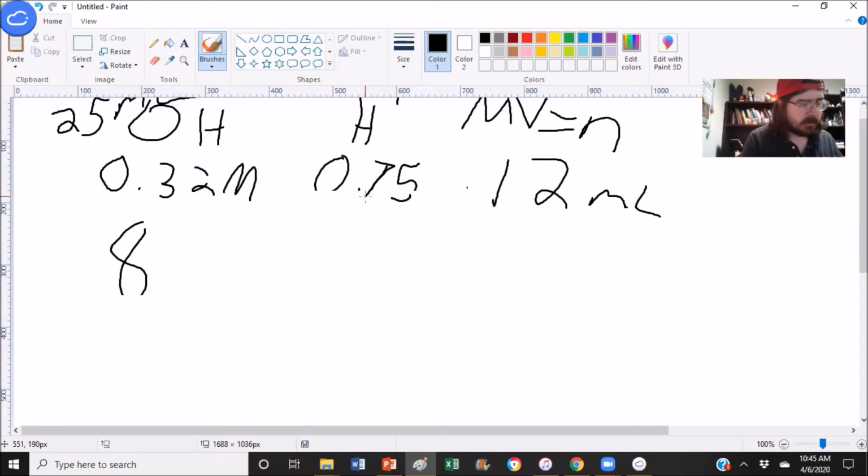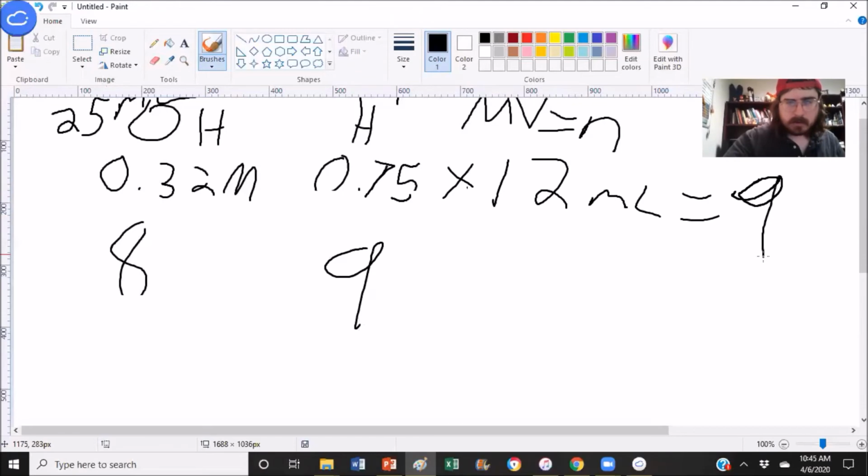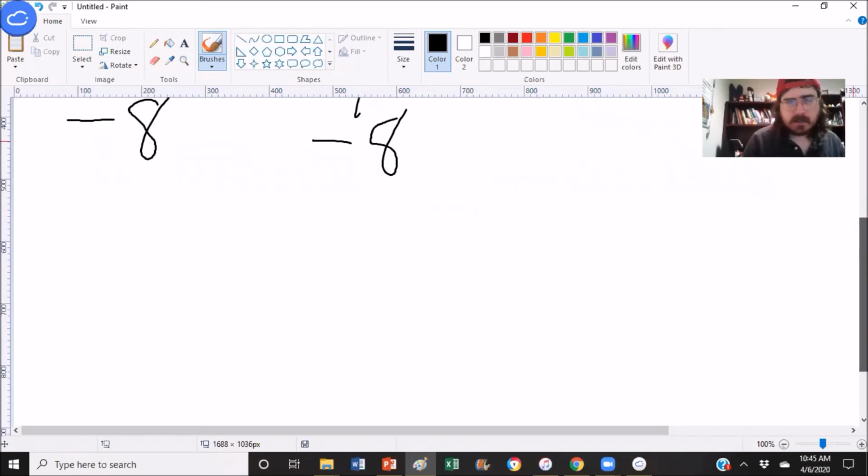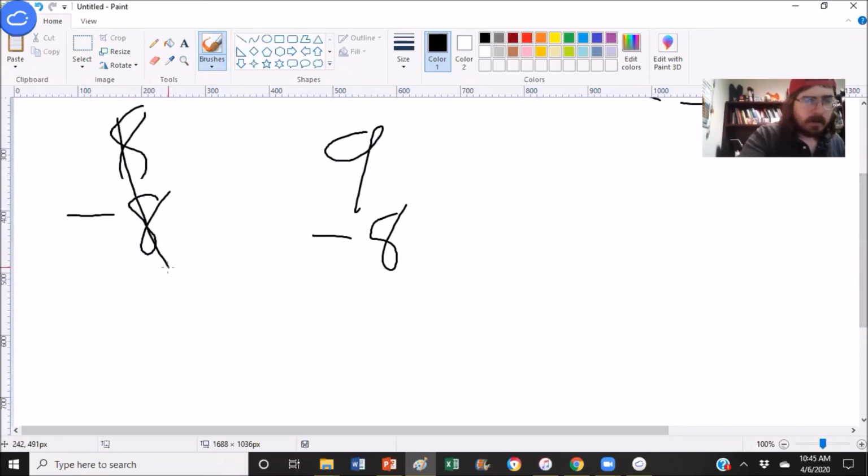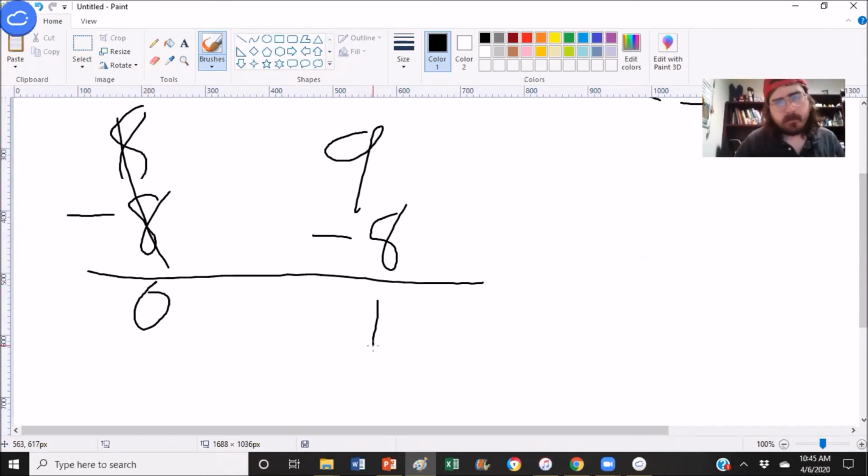So 12 times 0.75 gives us 9 millimoles of acid. Now we subtract out the lower amount. Since we have more acid than base, the base gets neutralized by the acid, leaving 1 millimole of acid left. So that's step 2.